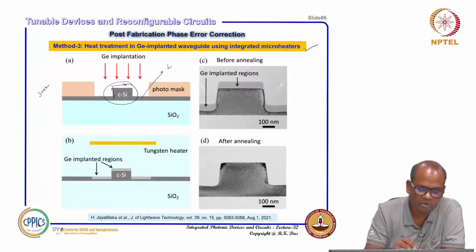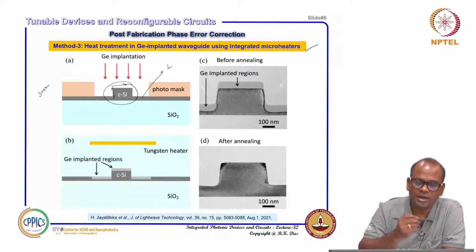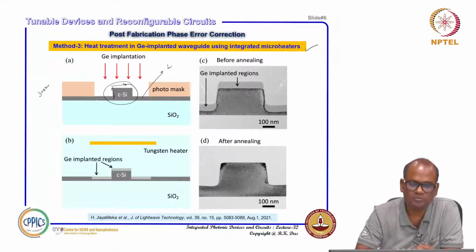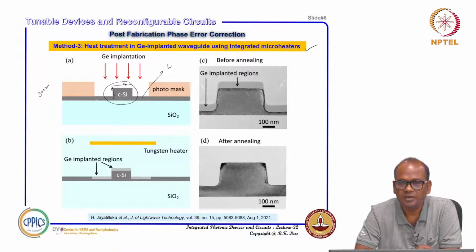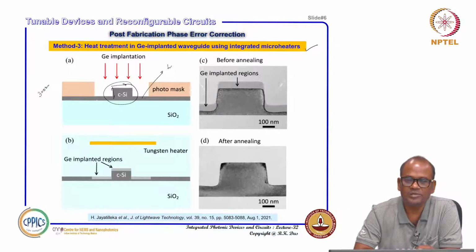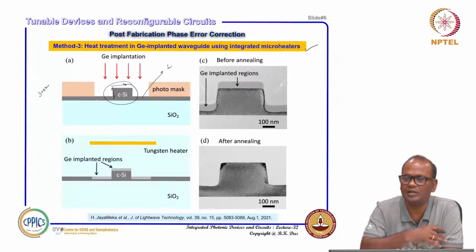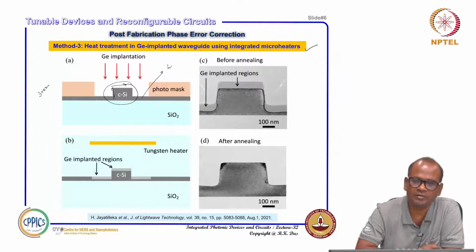After fabrication, you have waveguide structures like this, and at some location you want to detune the refractive index, for example, because fabrication error gives you different dimensions and your device is giving completely different results than expected. Maybe some devices are giving good results and devices in another region of the wafer are not giving correct results.